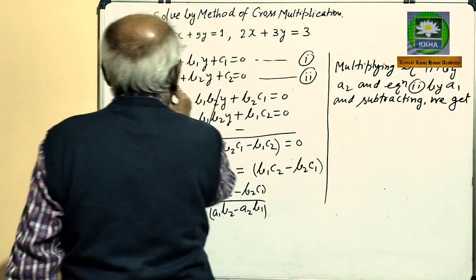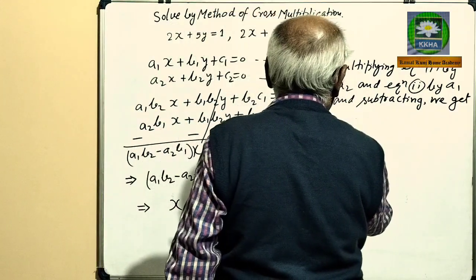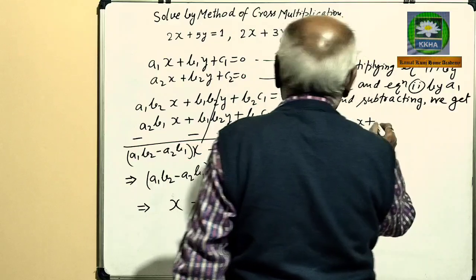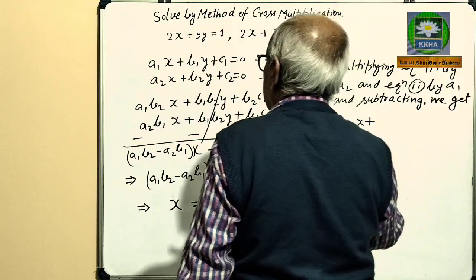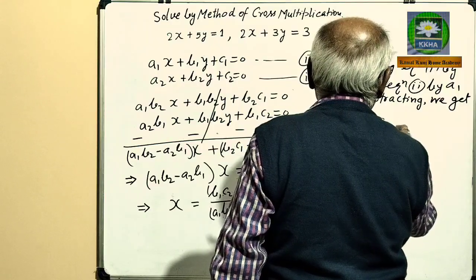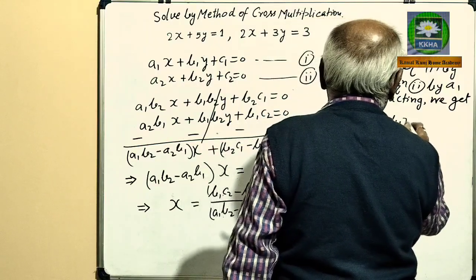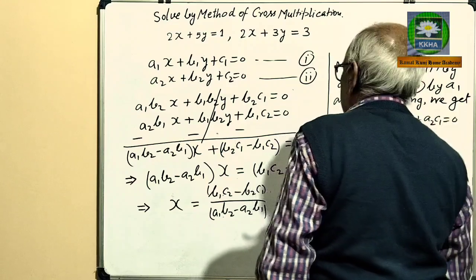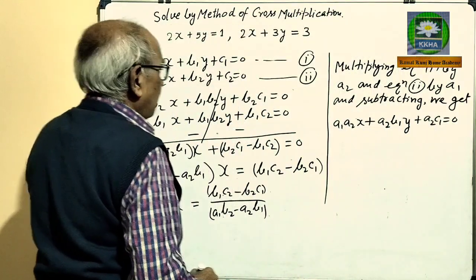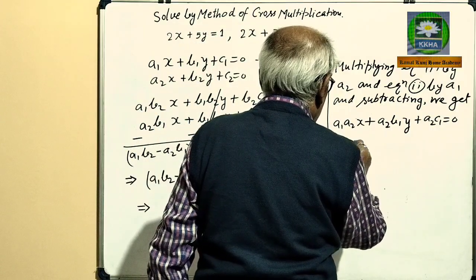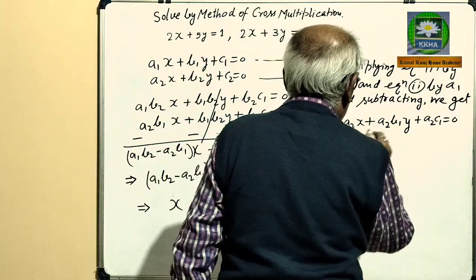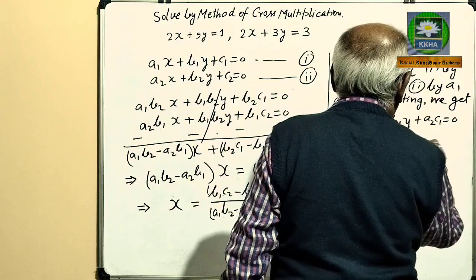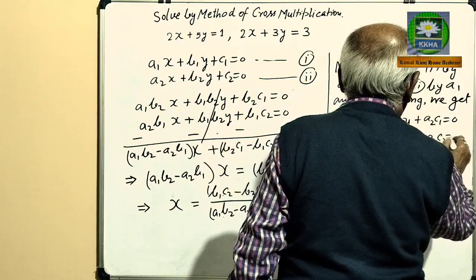If you multiply equation 1 by a2, it becomes a1 a2 x plus a2 b1 y plus a2 c1 equal to 0, and multiplying the second equation by a1, it becomes a1 a2 x plus a1 b2 y plus a1 c2 equal to 0.